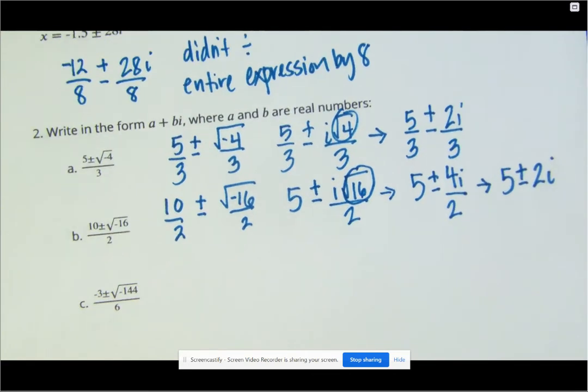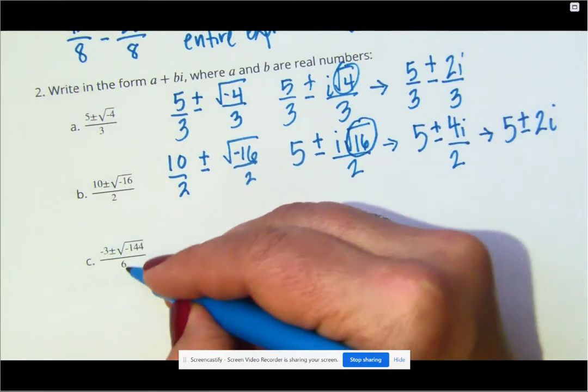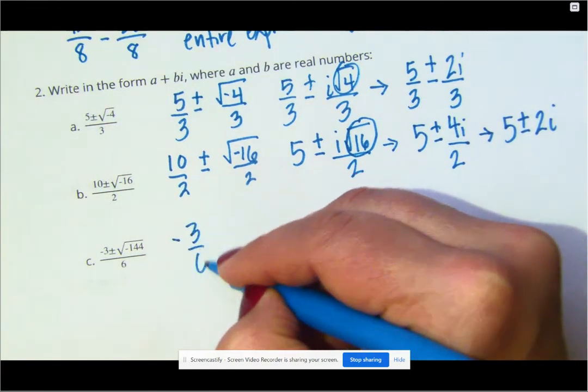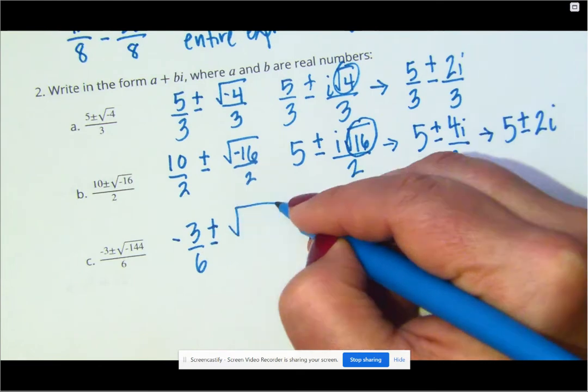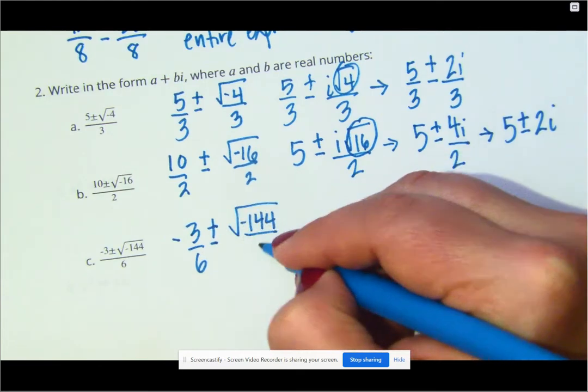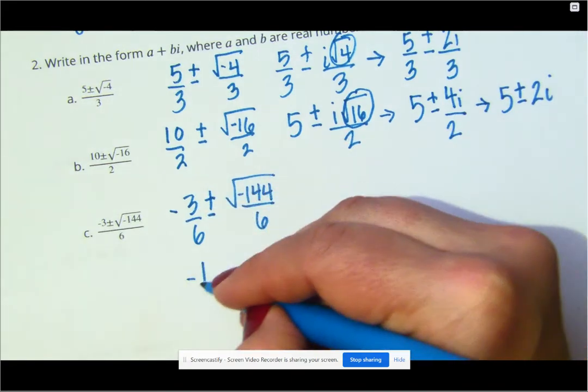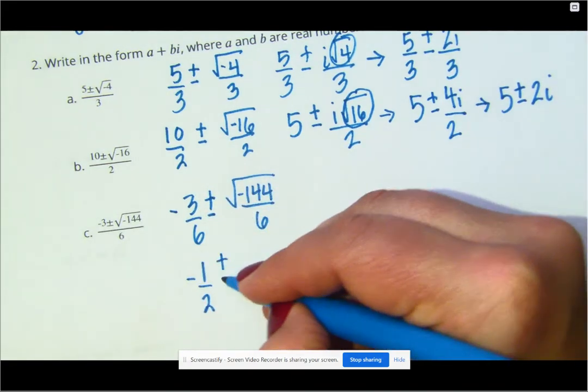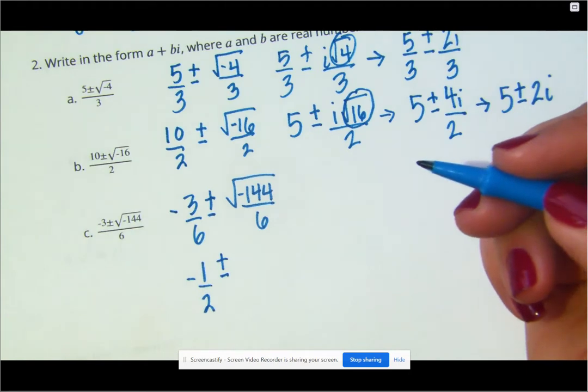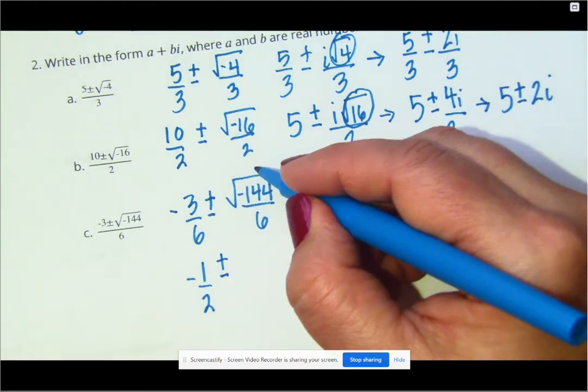All right, last one, we're going to break it apart. We've got negative 3 being divided by 6 plus or minus the square root of negative 144 being divided by 6. That can clean up to negative 1/2 plus or minus. Let's get a little spicy and do this all at once.